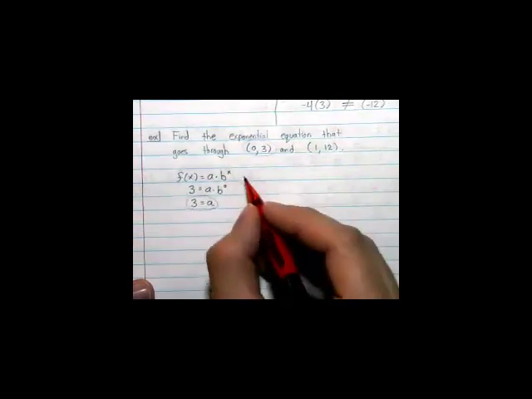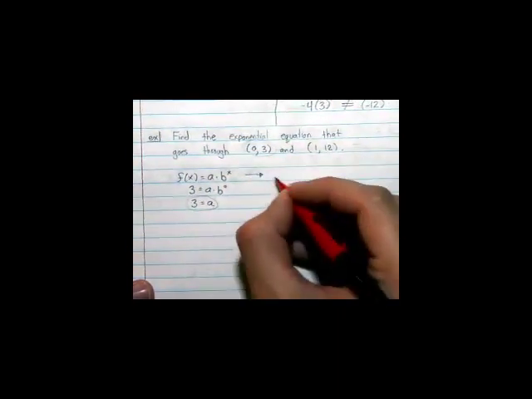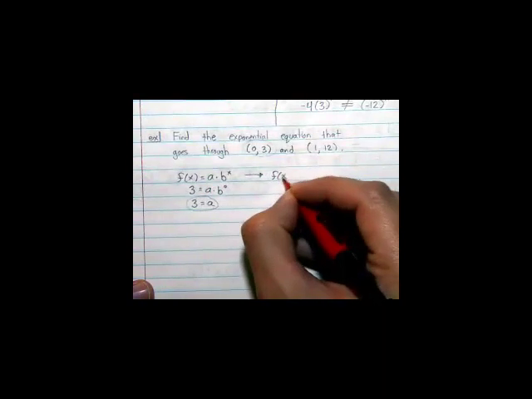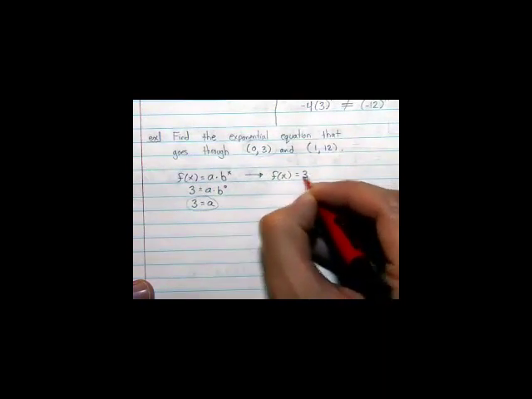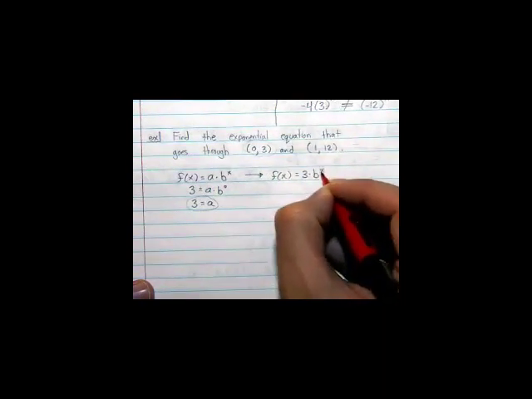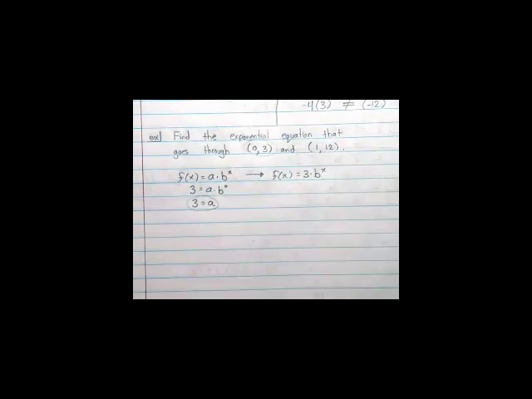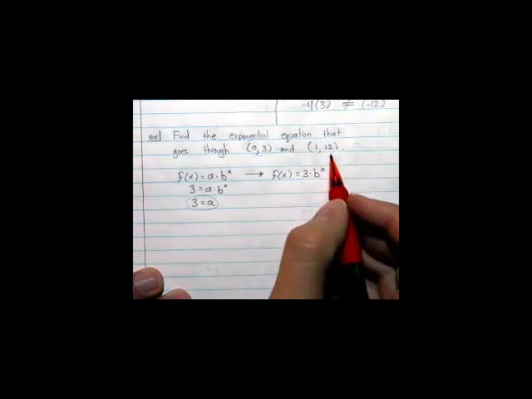So now I can go back to this first equation, and I'm a little further now. Now I've got f of x equals 3 times b to the x. So how do you suppose I can find b now? Yeah, Josh. X could be 1. X is 1, and y is 12, right?